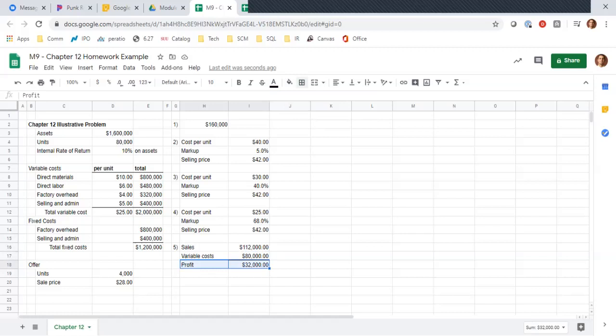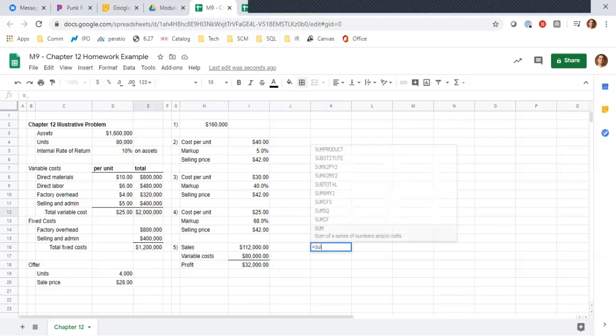So if we take our total cost per unit, I'm just going to do this over here for a second. So our total costs are, oops, I guess I got to add all this up.